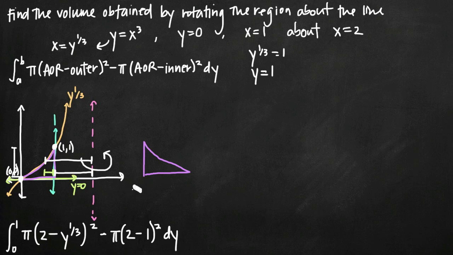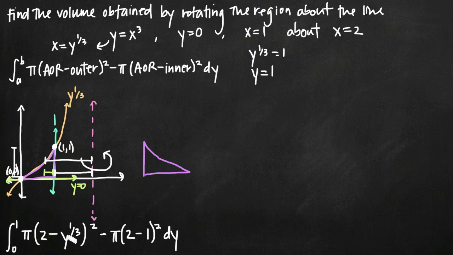And whenever you're rotating around a vertical line, x equals 2, so whenever you're rotating around x equals something, you know that you want to plug in values for your outer and inner curve that are in terms of y. So we have y here, and we have the line x equals 1. We know we're going to have dy, and we know that our limits of integration are going to be y values from 0 to 1, as opposed to when you're rotating around a line y equals something and it's a horizontal line, you know that you're going to have x values here.